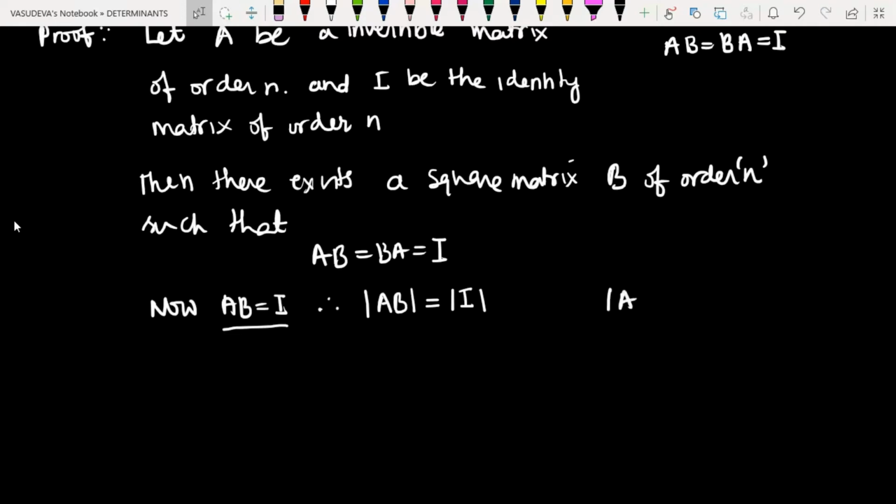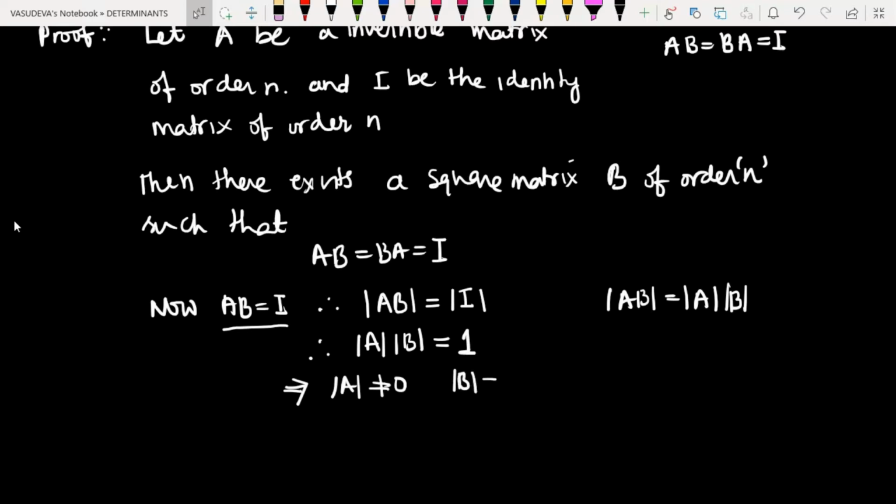We have the result, determinant of AB is equal to determinant of A into determinant of B. Therefore, determinant of A into determinant of B is equal to determinant of I, which is 1. The determinant of the identity matrix is always 1. This gives, if the product of the determinants is equal to 1, then determinant of A is not equal to 0, and also determinant of B is not equal to 0, because the product cannot be equal to 1 if either determinant is 0.